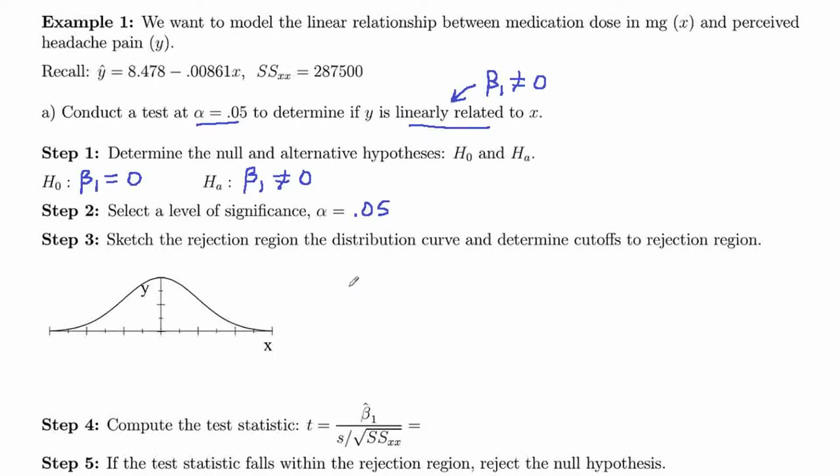Step 3, we're sketching our rejection region for the distribution curve and determining the cutoffs. So this is the sampling distribution for beta 1 hat, is our x. Mean of that sampling distribution is beta 1. Of course, we're going to look at t values though.